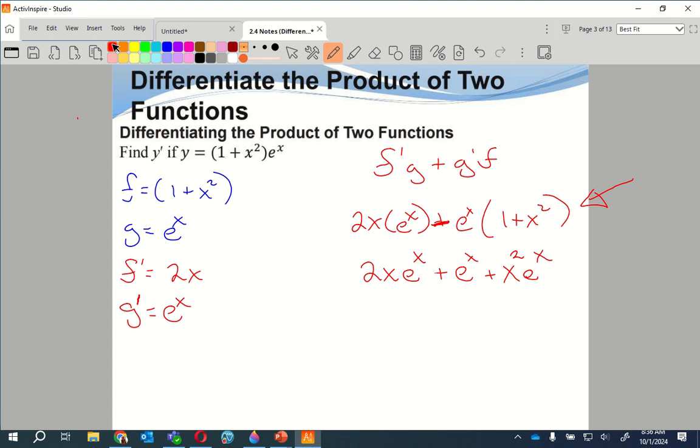They all have an e to the x, right? And this is going to be key by identifying and being able to factor this, because when it comes up later, when we start doing quotient rule, you're going to try and cancel out something in the quotient rule. And by factoring at this point, this is going to make your life a little bit easier. So I'm going to take out an e to the x, and I'm going to be left with x squared plus 2x plus 1 is my answer.